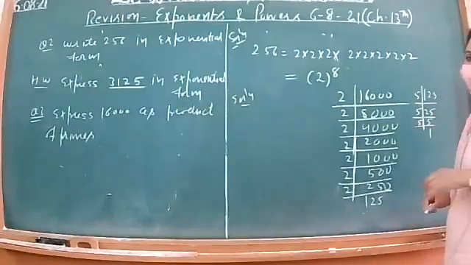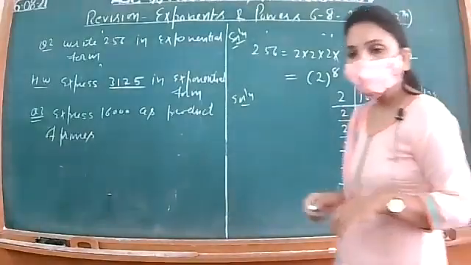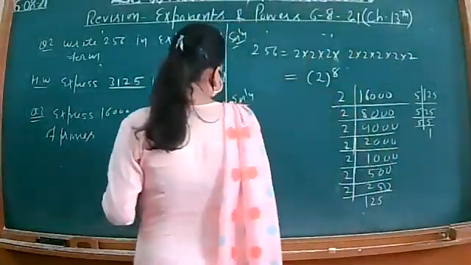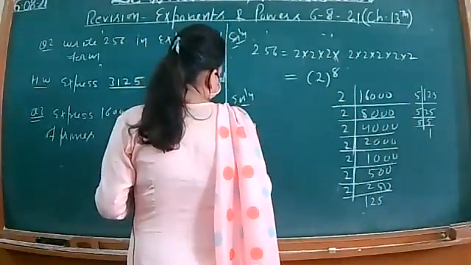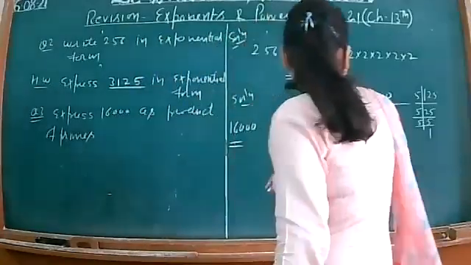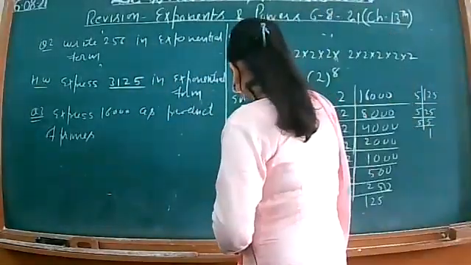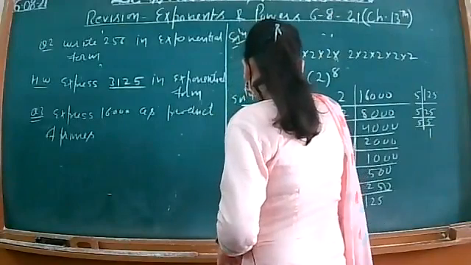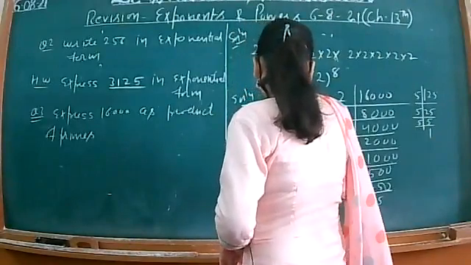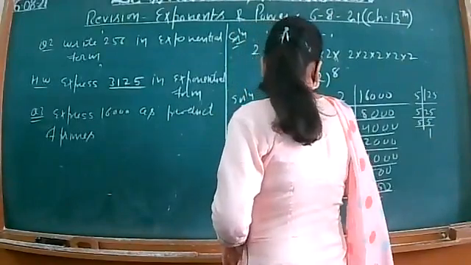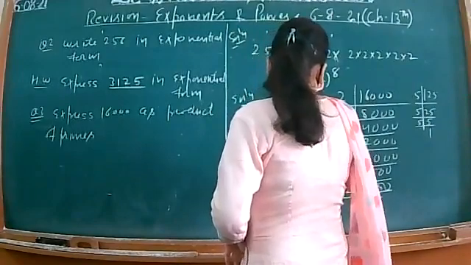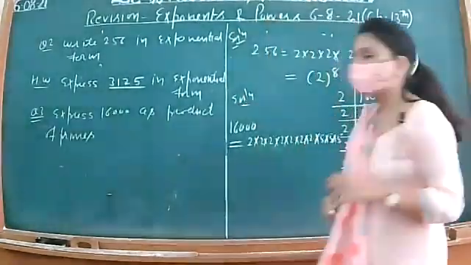So we have done the prime factorization and we are getting 16,000 equals 2 into 2 into 2, like this.